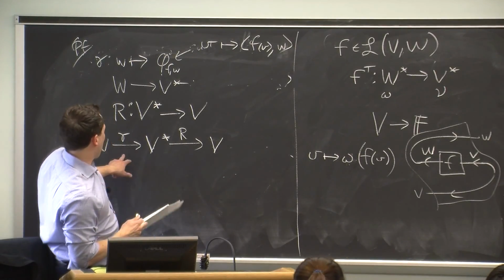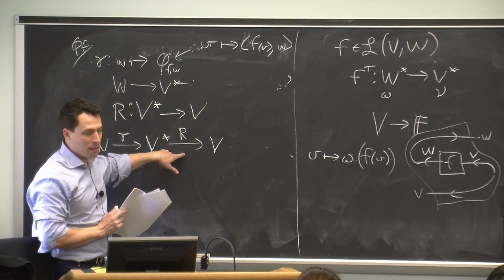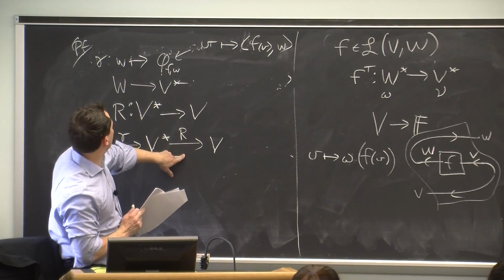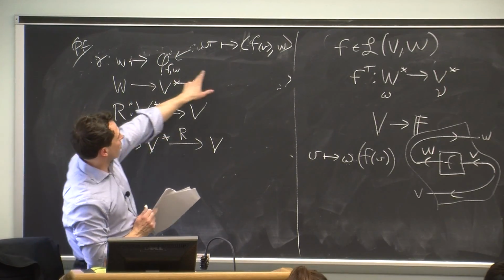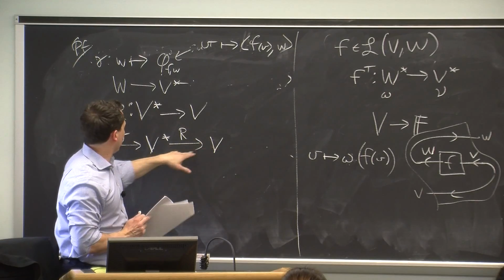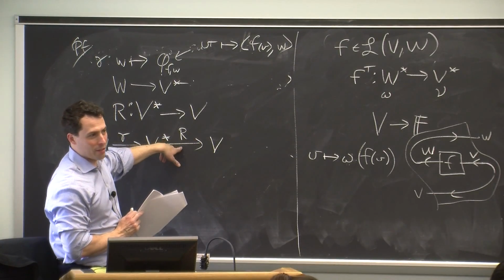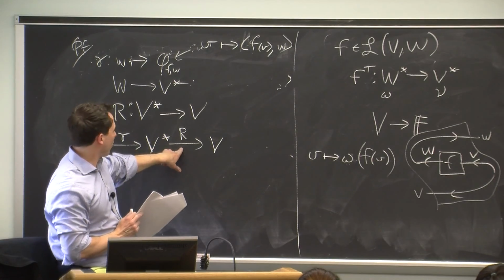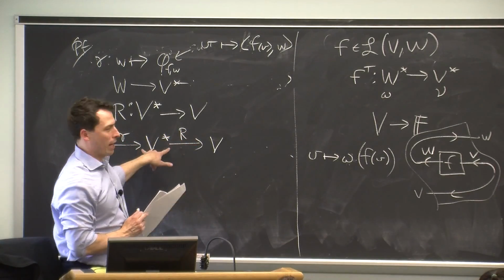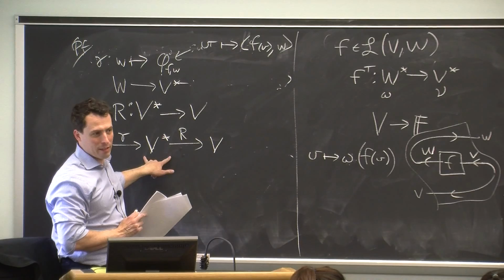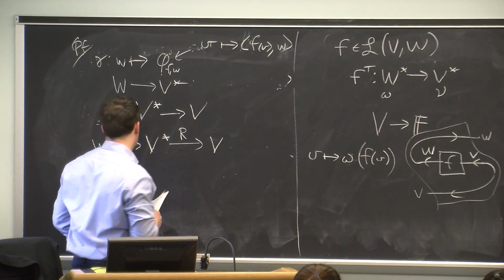Now, neither of these maps is actually linear, if you think about it, because w shows up in the second element here, and similarly for the Riesz map. However, they're both conjugate linear. So they're both linear and then take the conjugate. And so when I combine them, I've taken the conjugate twice, and I have a linear map.